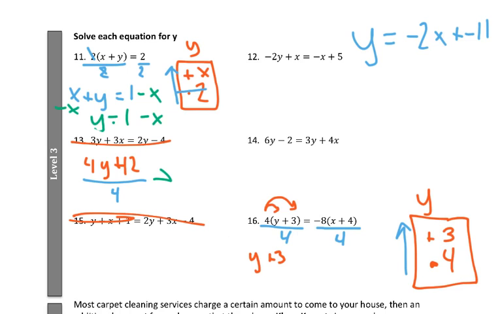So we could rewrite that. 4y divided by 4 is going to be 1y, or just y. And then 12 divided by 4 is going to be 3. Do you see how when I cancel these 4's like this, it gives me the same answer? That wasn't very clear or elegant, but I want to show you with the other side of the equation.